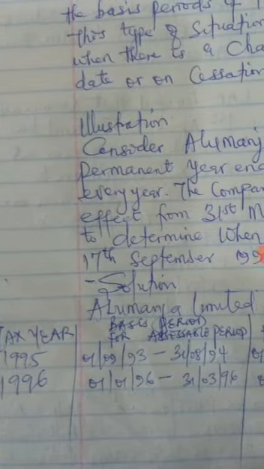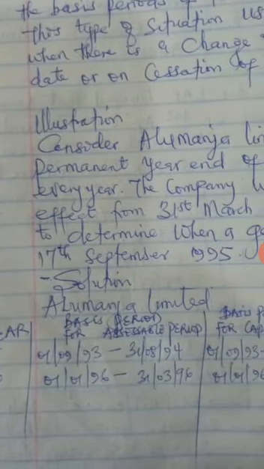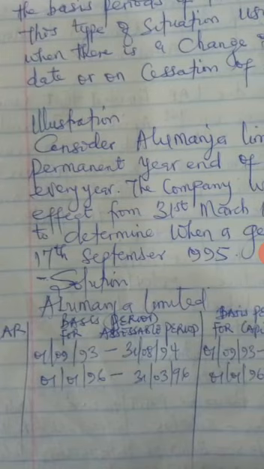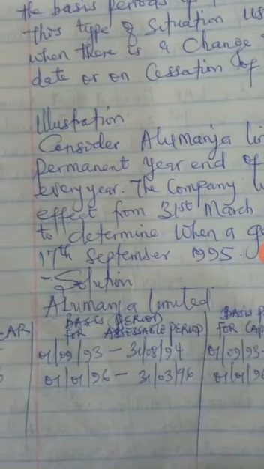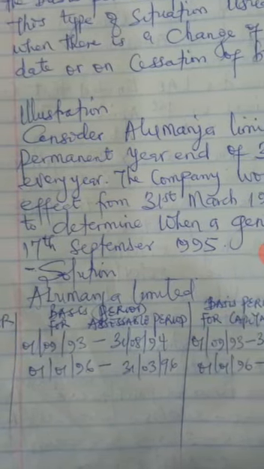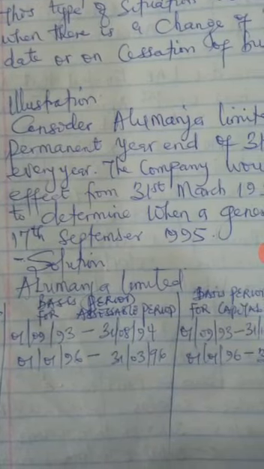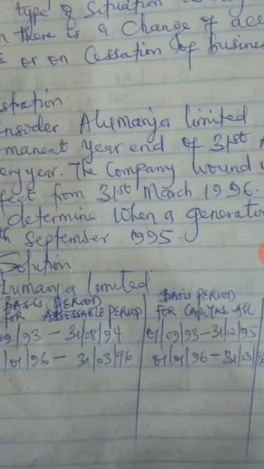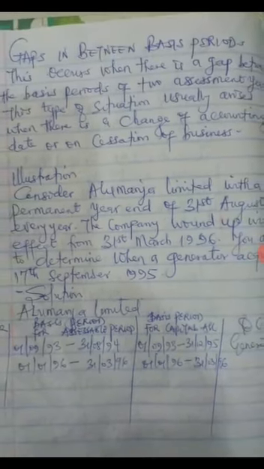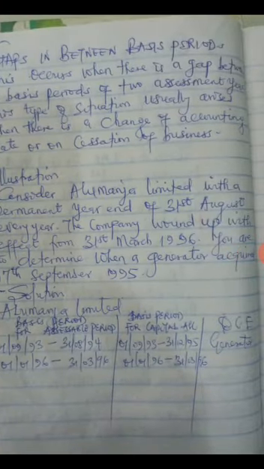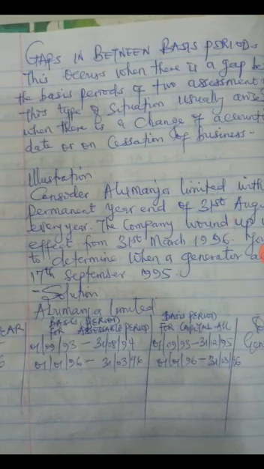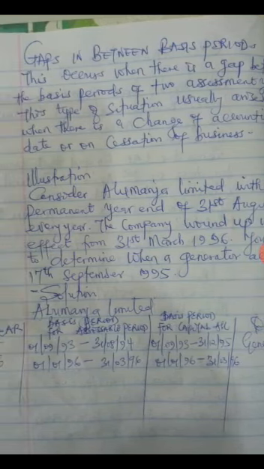Then in 1996, we have our ultimate year, which, like I explained, is from the 1st of January of that year to the date the business ceased. So we have 1st of January 1996 to 31st of March 1996, since the business wound up on 31st March 1996. Then we determine where the generator set acquired falls.